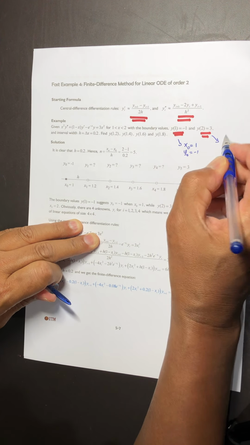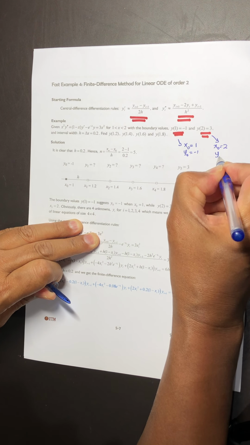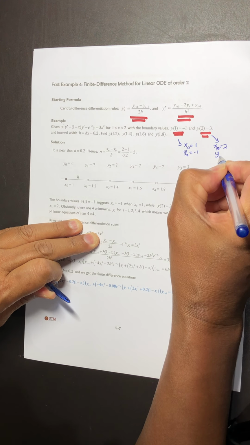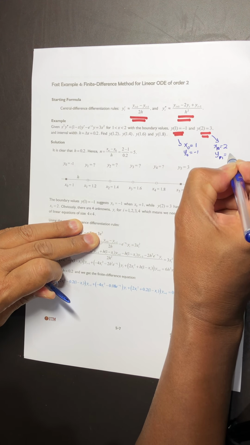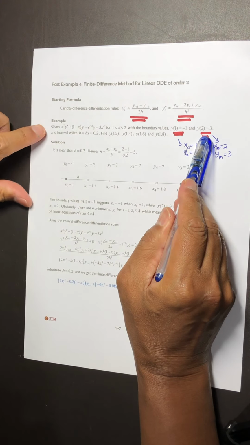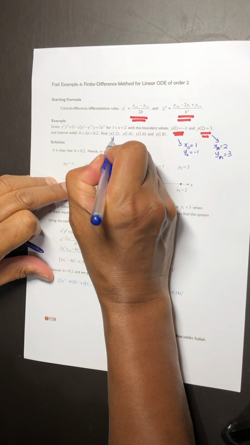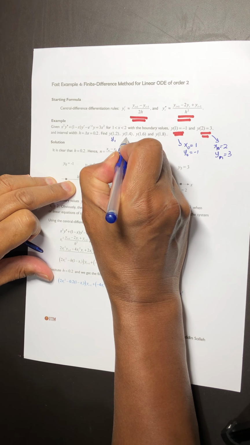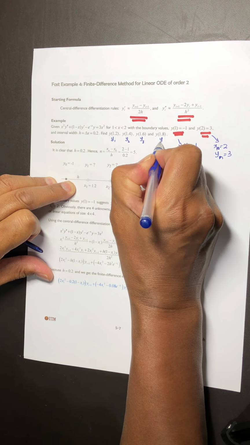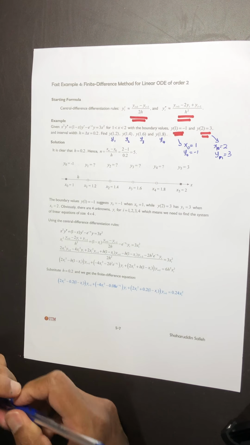The second boundary means xn is 2, while yn is 3. Left and right. So we need to find y of 1.2, this is y1, y of 1.4, this is y2, then y3, y4. So we need to find y1, y2, y3, y4.